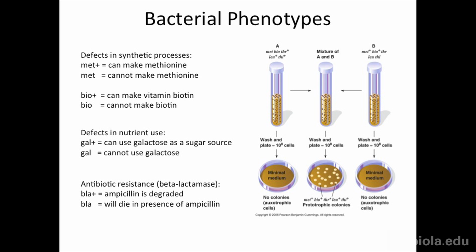So a MET plus strain can make methionine. You don't have to put it in the solution. A MET minus bacteria would be one that's incapable of making methionine. So if you're going to grow that bacteria, you have to put it in a methionine-containing media, right?